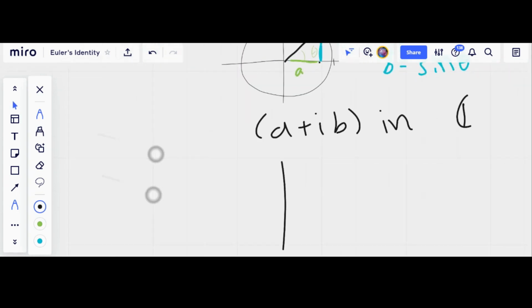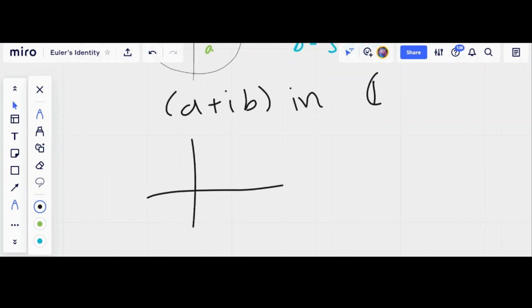So this is the imaginary axis, and this is the real axis. And a is the length along this axis, and b is the length along this axis. Basically, this is this point in the complex plane, right? We just graphed our point. It's not a very good point, but we've just graphed it in the complex plane.